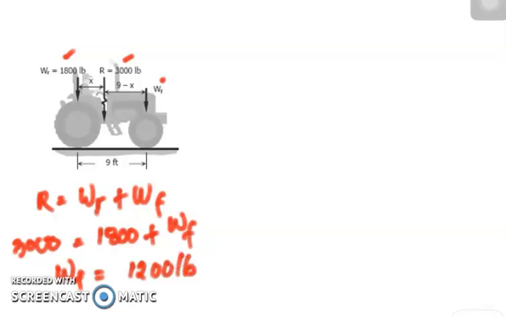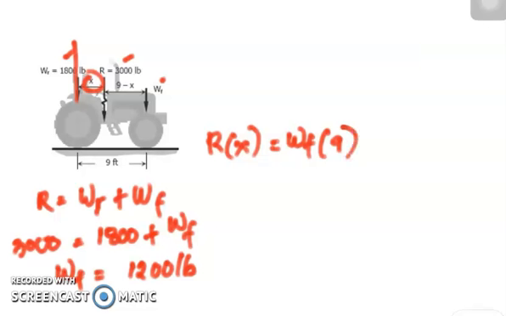Now we can compute for our x. What will be the value for x? To compute for x, let us have our reference point on the rear wheel. If that will be our reference point, you have the resultant force R times distance x equal to the front wheel times the moment arm distance, which is 9. We have computed the front wheel.